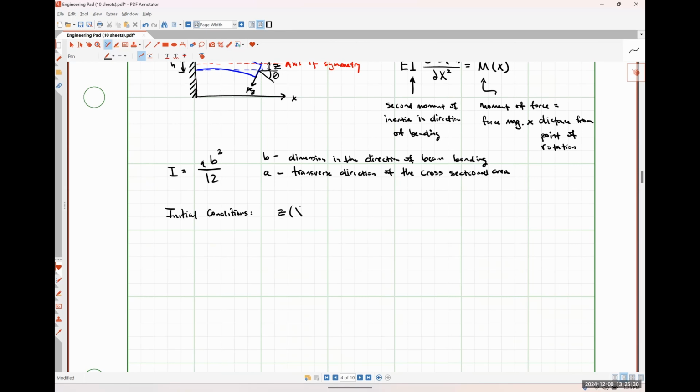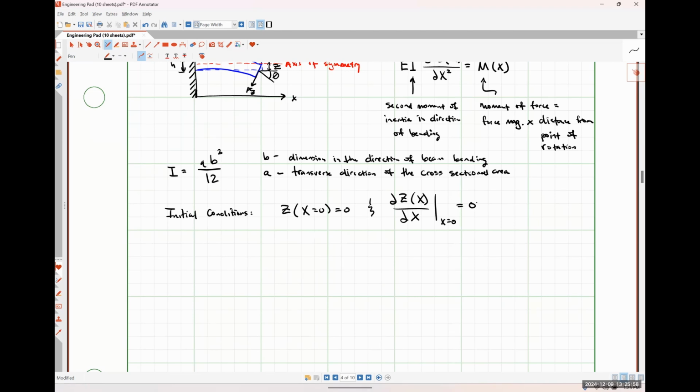Z at, actually, let me do this as uppercase. So Z at capital X equal to 0 is 0, and the partial derivative of Z at capital X with respect to X at x equals 0 is also 0.